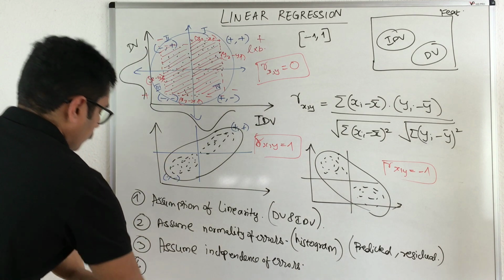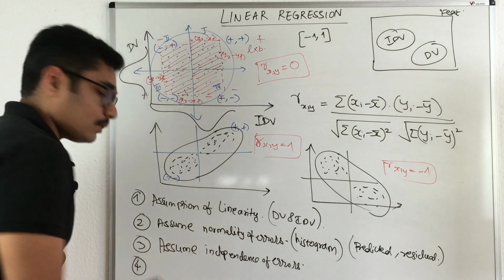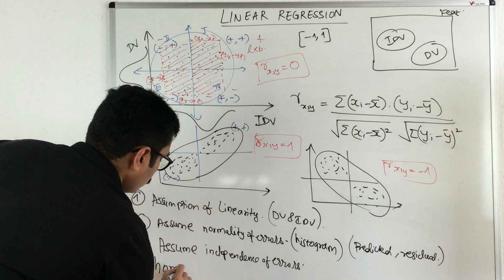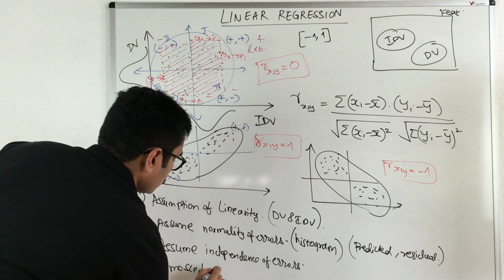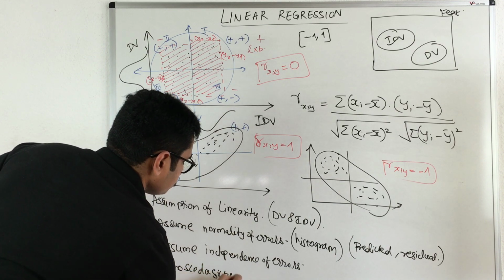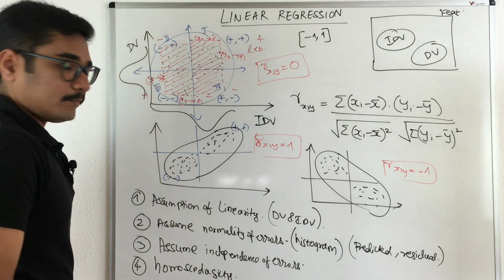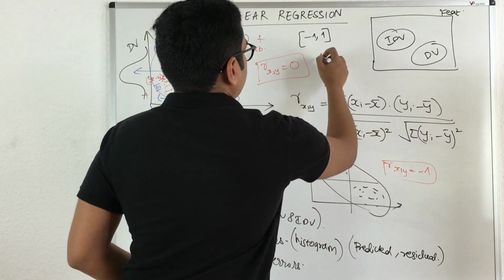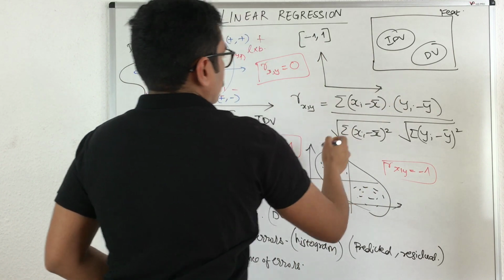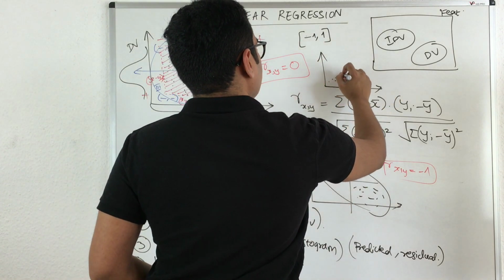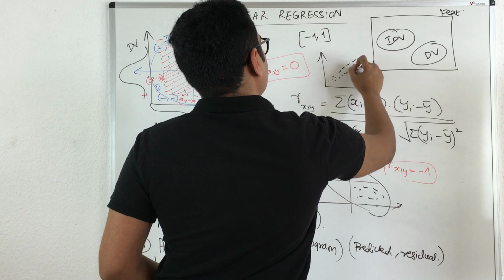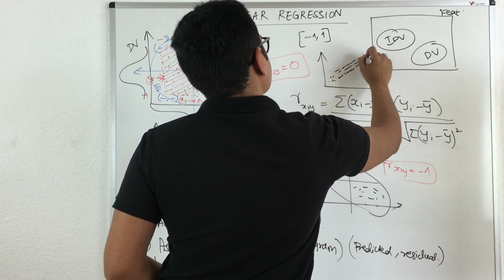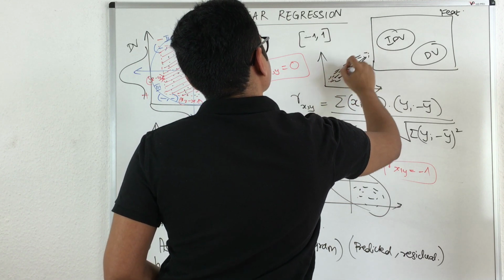And the fourth one is the assumption of homoscedasticity. What do you mean by homoscedasticity? Homoscedasticity means, say you have a distribution like this, your points should always follow a uniform distribution, something like this.